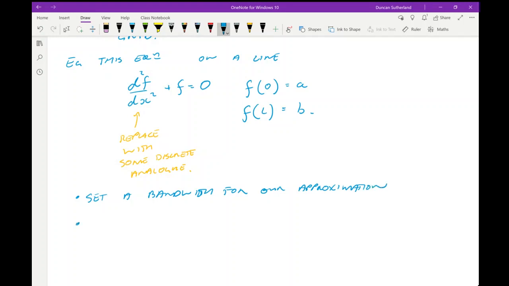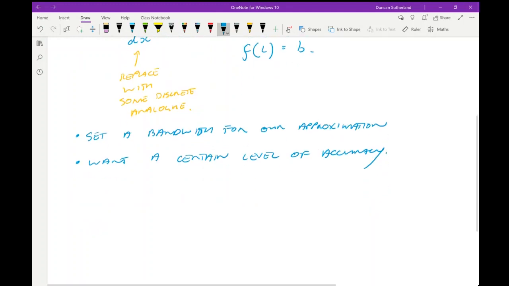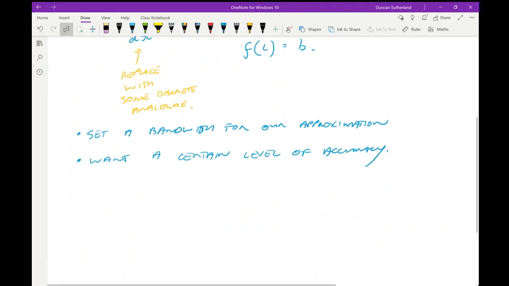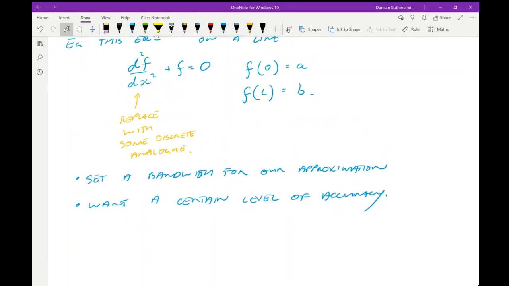We're going to decide that we want a certain level of accuracy. We might desire certain stability properties, but we don't know what stability means for this type of equation yet, so let's not think about it too much.